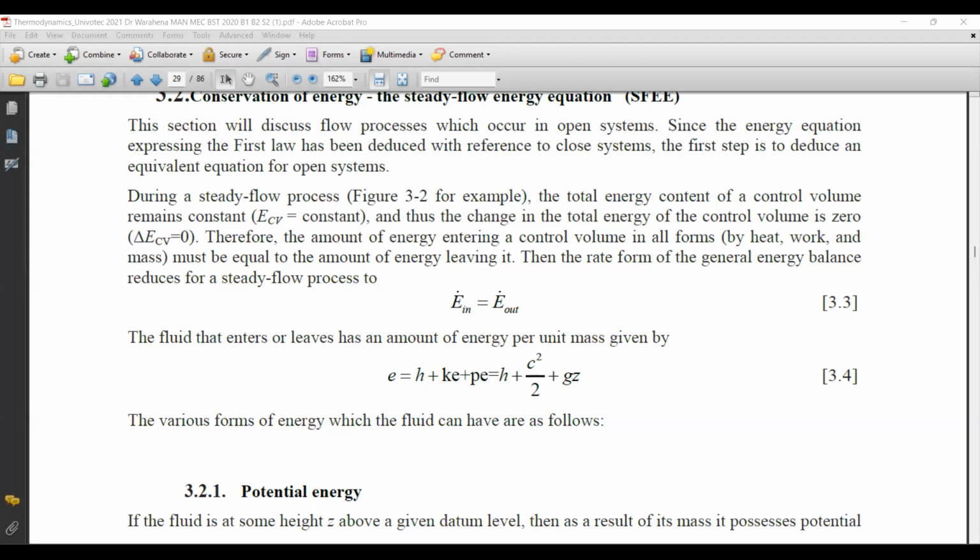So flow work is P times V, pressure times specific volume. I think you know specific volume means per kg. The volume equivalent is specific volume, 1 kg volume, maybe meter cube per kg. And the pressure, P times V, pressure times specific volume. At inlet here is the flow work in.